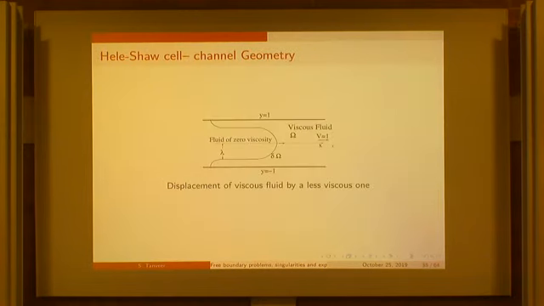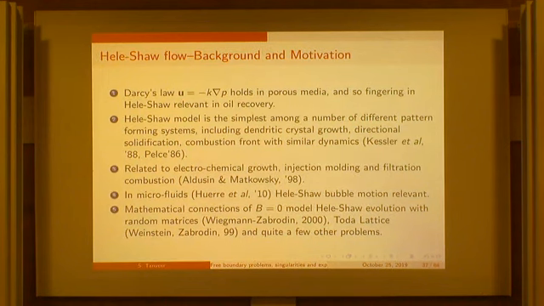Okay. So this is how a channel geometry looks if you're looking at the Hele-Shaw cell from the top. Now, the motivation is Darcy's law. G.I. Taylor was originally motivated by visiting an oil company, and Darcy's law is what governs the flow through porous media.